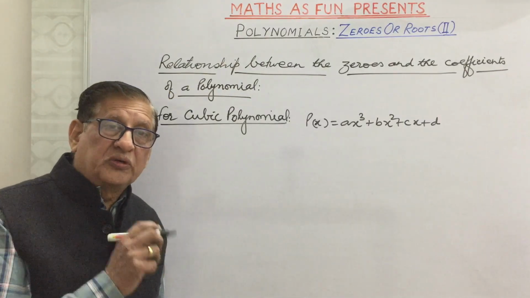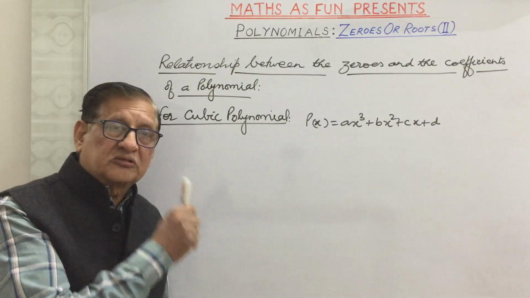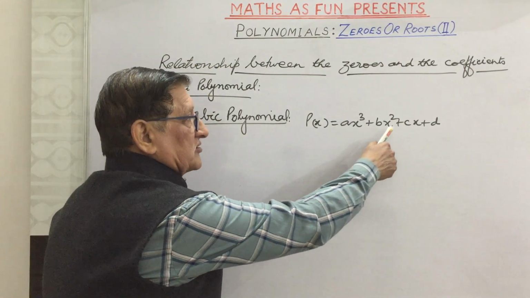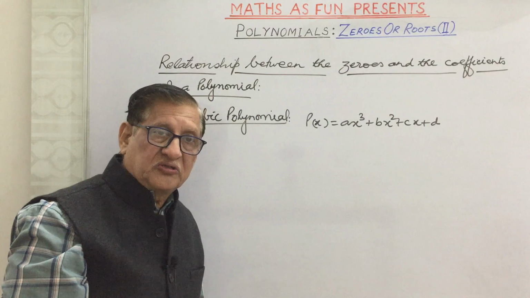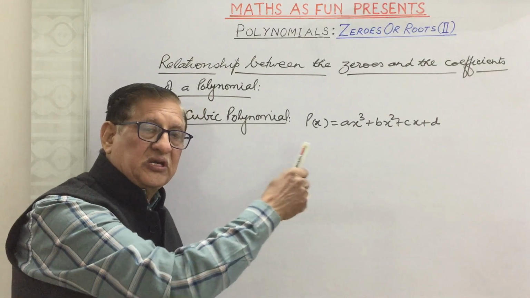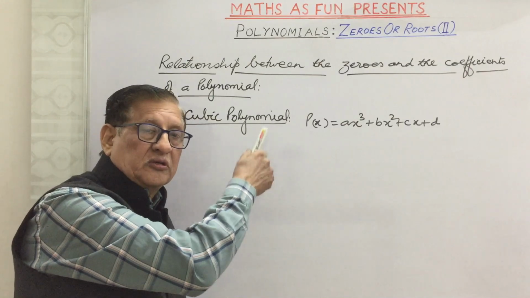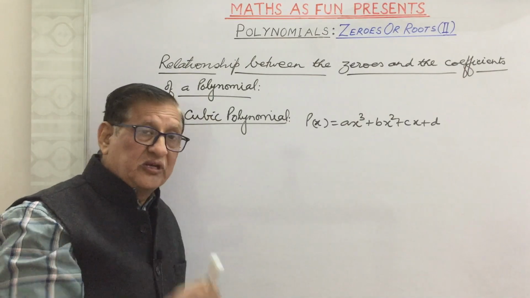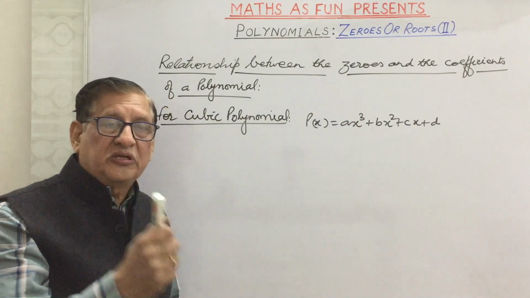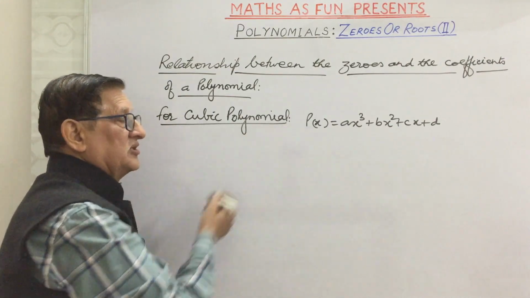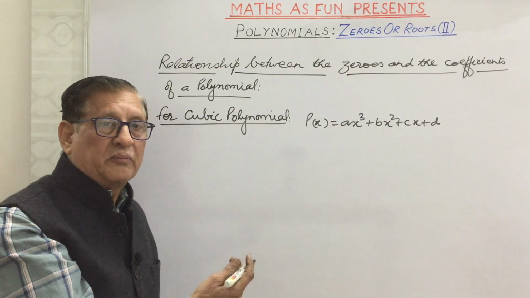When we talk about the cubic polynomial, we know that the standard form of a cubic polynomial is ax cube plus bx square plus cx plus d, where a, b, c and d are the coefficients and the constant terms of the polynomial. And we know that at most there will be 3 zeros of a cubic polynomial. Suppose the 3 zeros of this are alpha, beta and gamma.